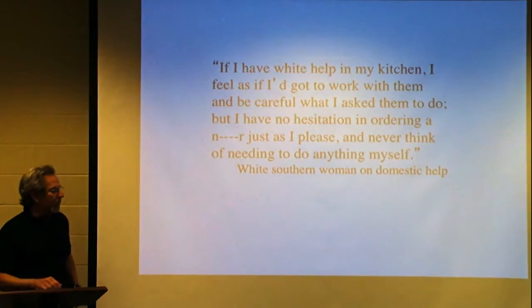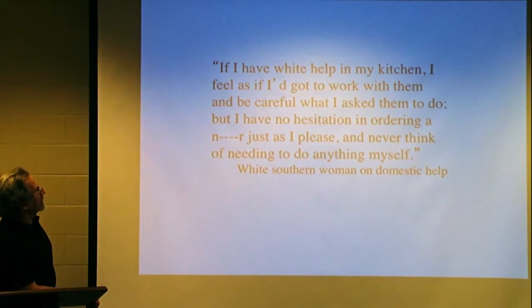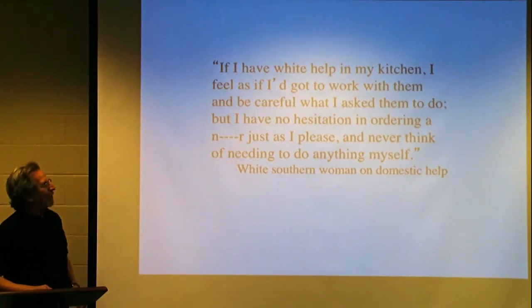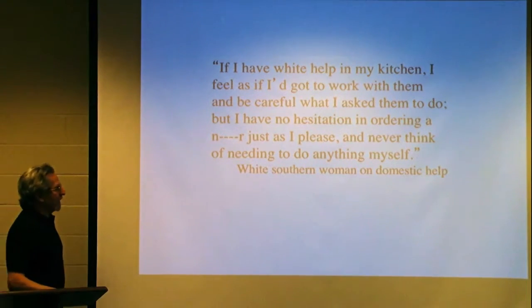Here's a white woman talking about her need for domestic help. If I have white help in my kitchen, I feel as if I've got to work with them and be careful what I ask them to do. But I have no hesitation in ordering an N-word just as I please, and never think of needing to do anything myself.